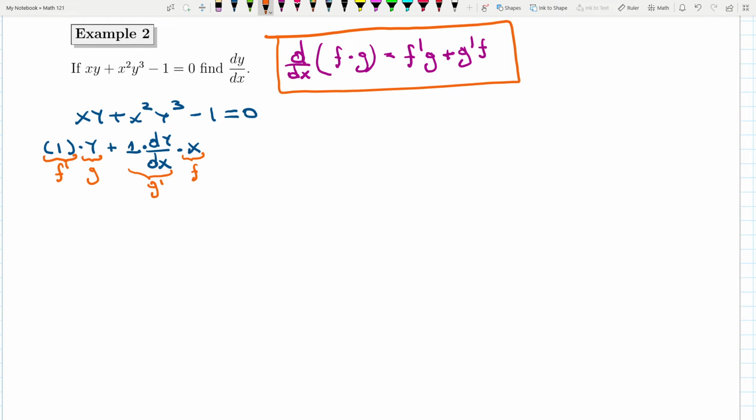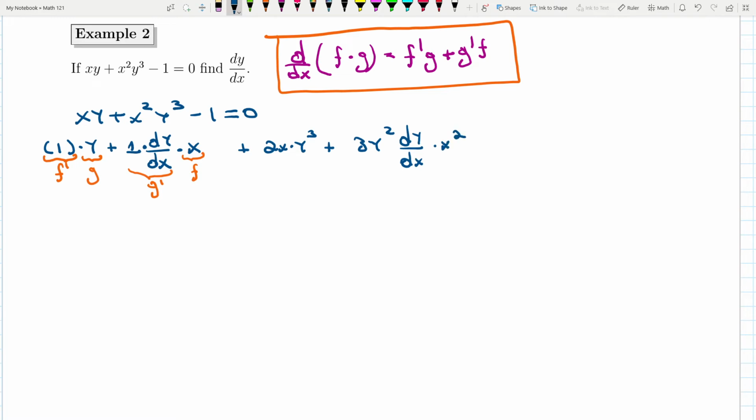Let's do the product rule for the second term, plus the derivative of x squared, which is 2x times y cubed, plus g prime, which is the derivative of y cubed, that is 3y squared dy/dx, because we're differentiating a y, times x squared.